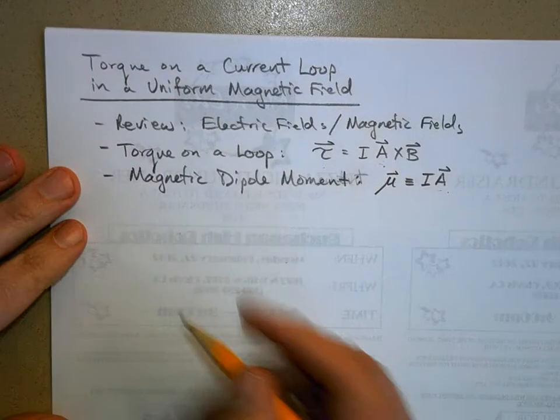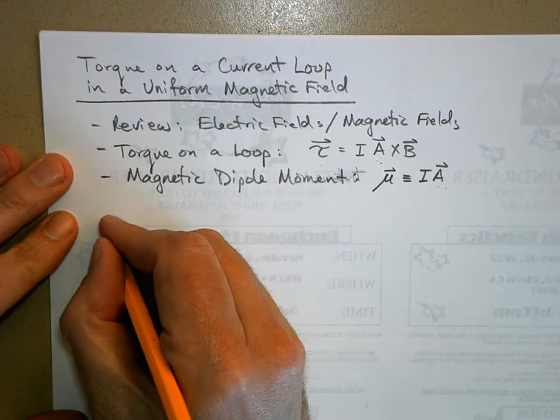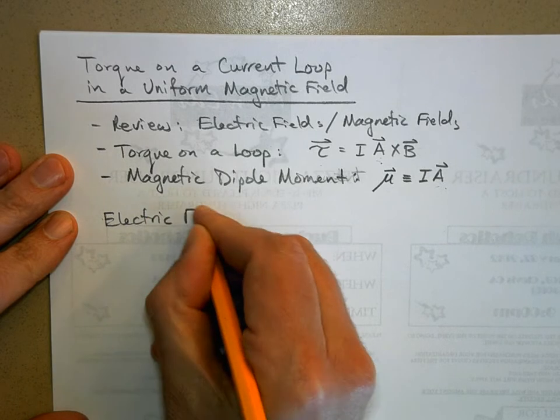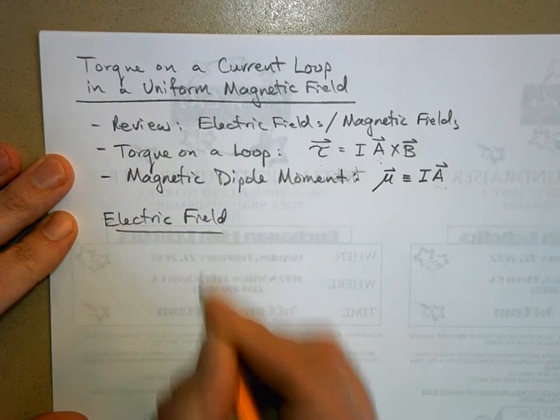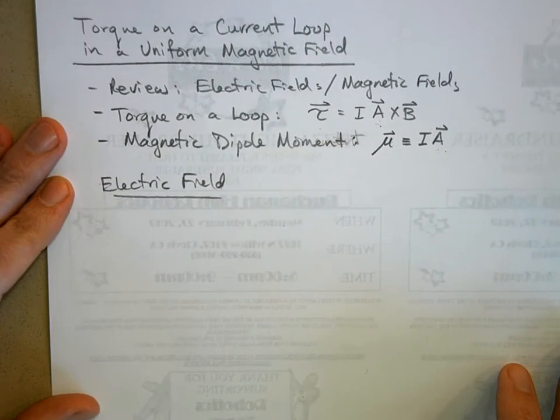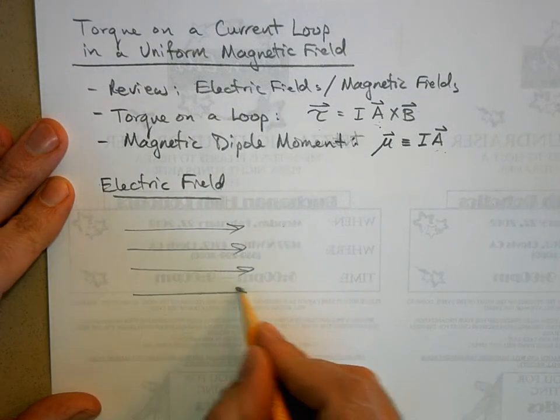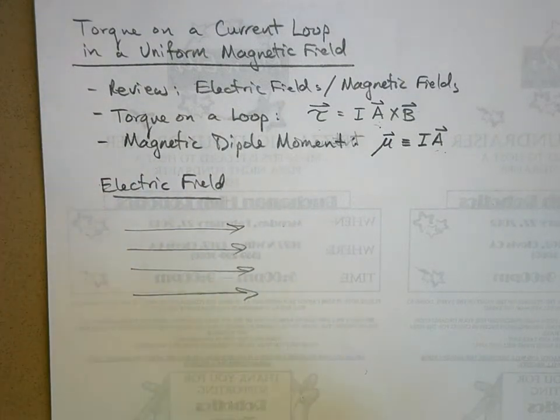So let's talk about electric fields real quick. If I have an electric field, what does that mean? Well, anytime you have a force field, it means that a force is going to be applied to an object because of a certain characteristic it has. A gravitational field applies force to objects because they have mass.